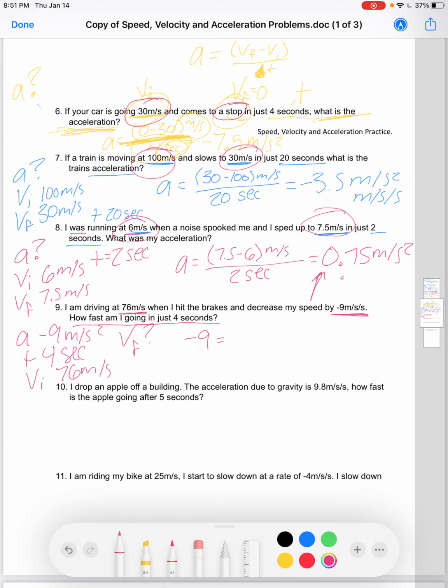So I'm just going to write it out without rearranging the equation because it just works out easier this way. Minus velocity initial, which was 76, divided by 4 seconds. So I'm going to multiply both sides by 4 seconds.